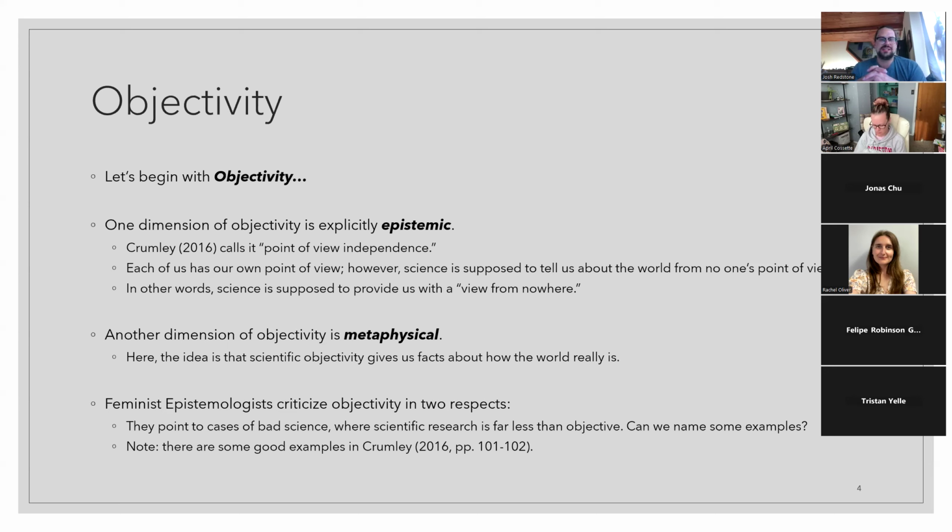As we started to discuss last time, there's an epistemic element to objectivity, this idea that Crumley calls point of view independence. We all have our own subjective point of view, but science is supposed to give us this view from nowhere, this objective picture of the world that's not from any single point of view. Another dimension of objectivity is metaphysical. So the idea is that science is supposed to tell us what things are actually like.